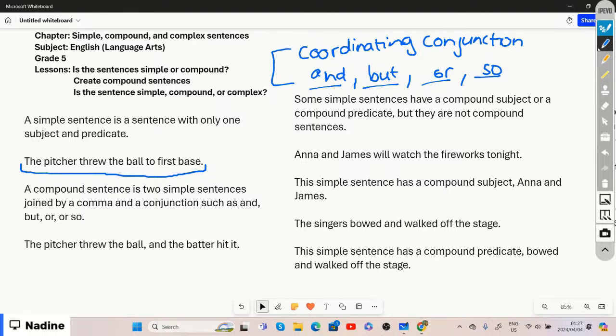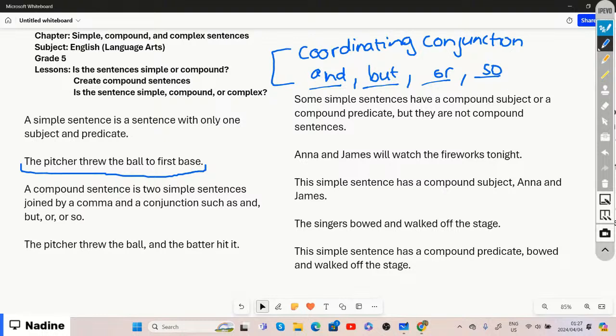And then we have subordinating conjunctions. Let me write it.